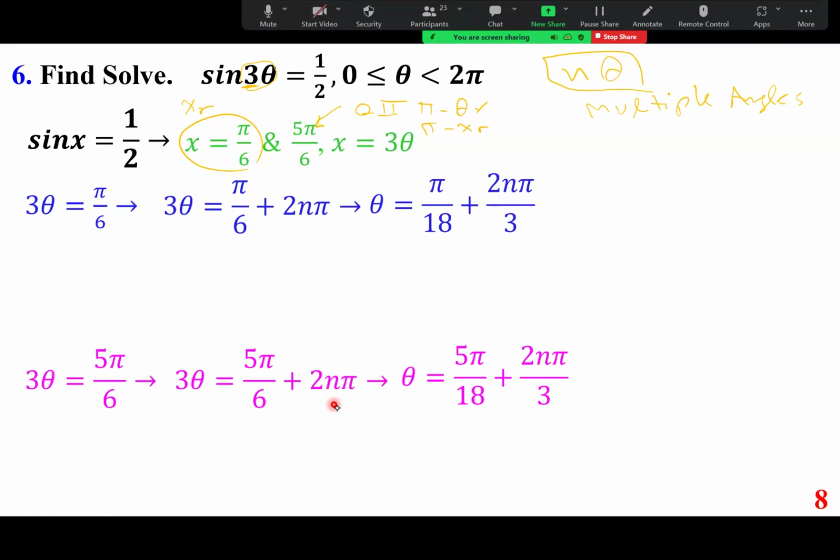Now, because you have multiple angle 3, you start from 0 and you go all the way to k minus 1: 0, 1, 2.